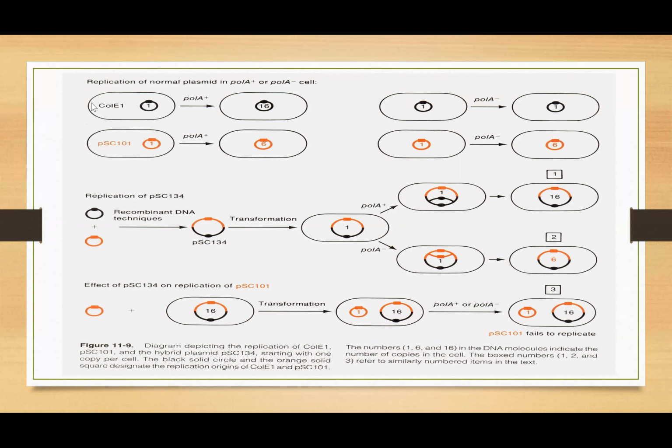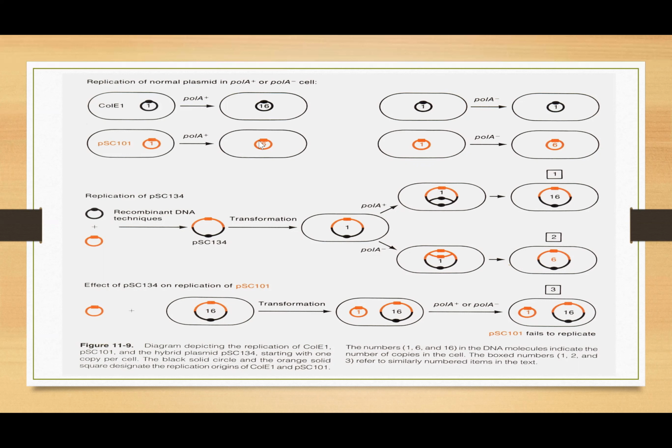in a normal, wild type cell, which is Pol A plus, this plasmid maintains 16 copies. Okay, and it's a high copy number plasmid. And pSE101 maintains 6 copies in a cell.